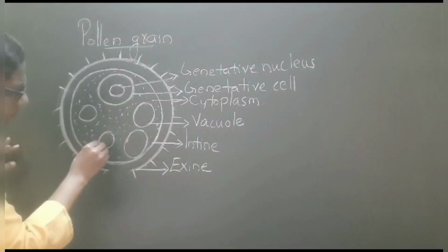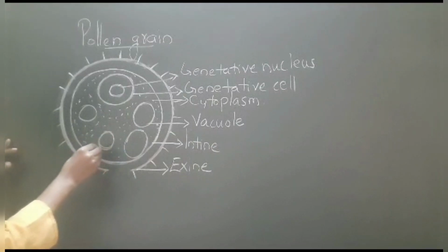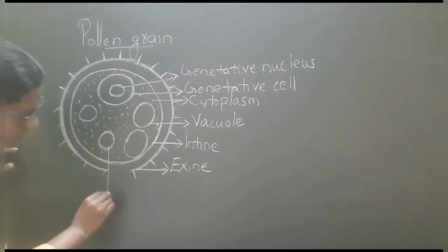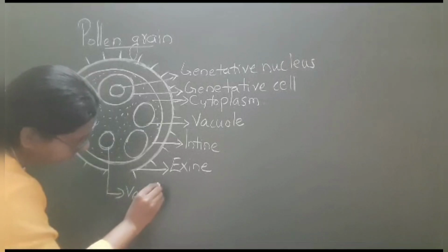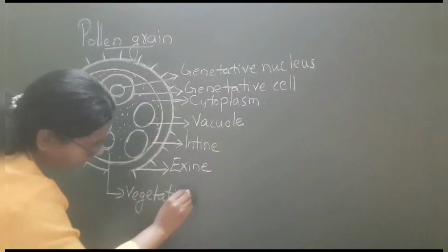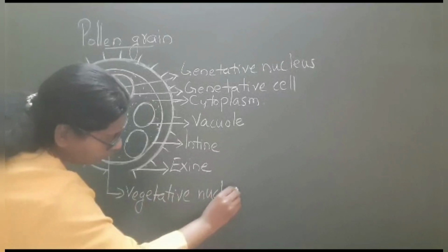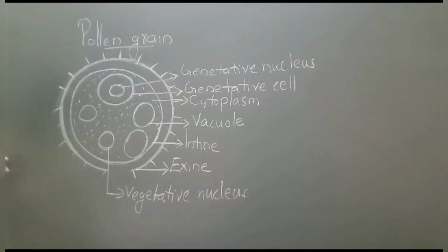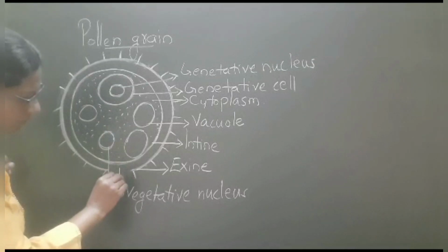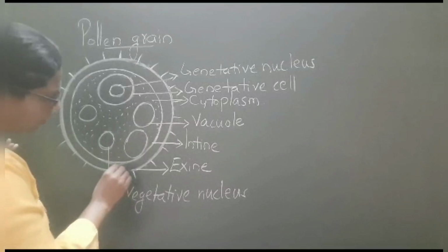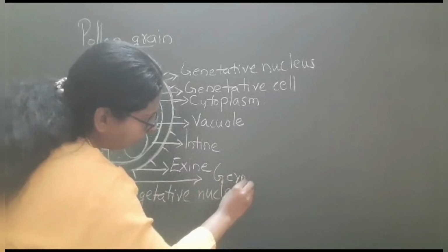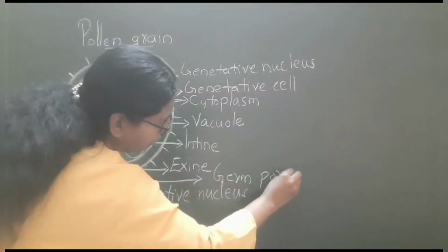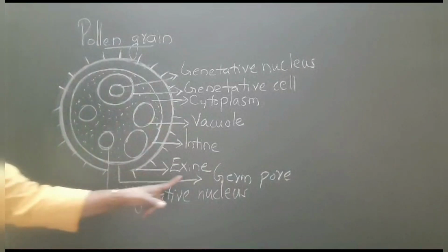Then here is the vegetative nucleus. Then there is one opening. This opening is called germ pore.